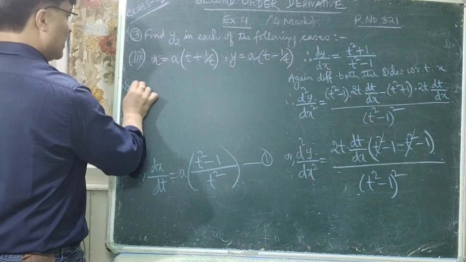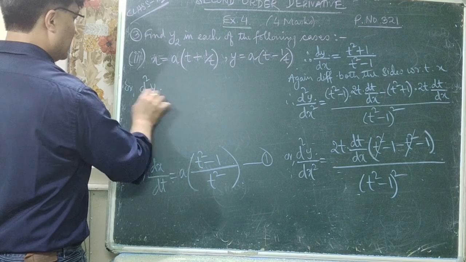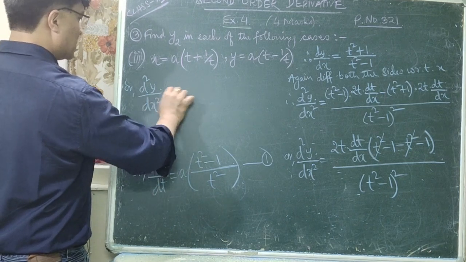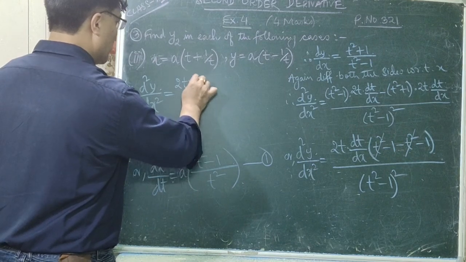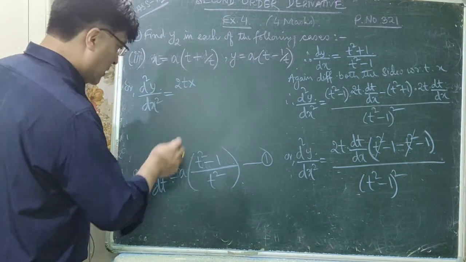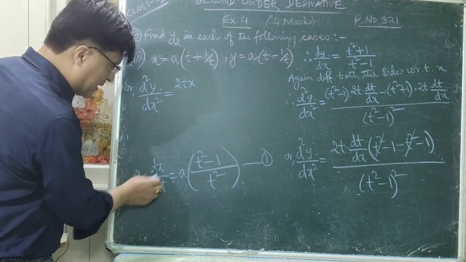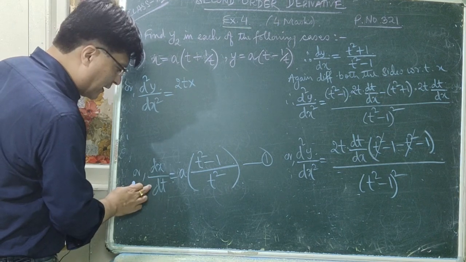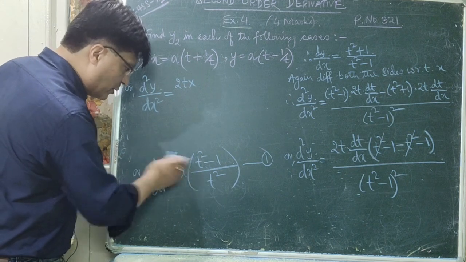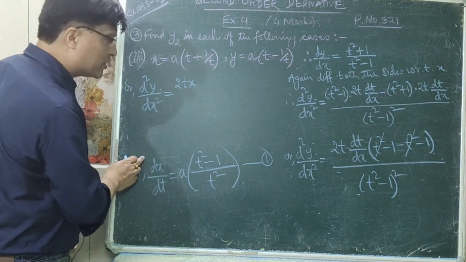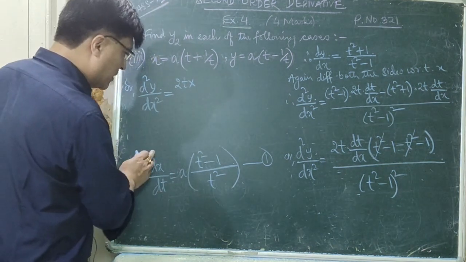So d2y by dx square is equal to, now 2t into, what is the value for dt by dx? In number 1 we have dx by dt. So you can easily get the value for dt by dx. You have to invert both the sides here. So if you invert both the sides, you can get the value for dt by dx, which is, what is dt by dx here?